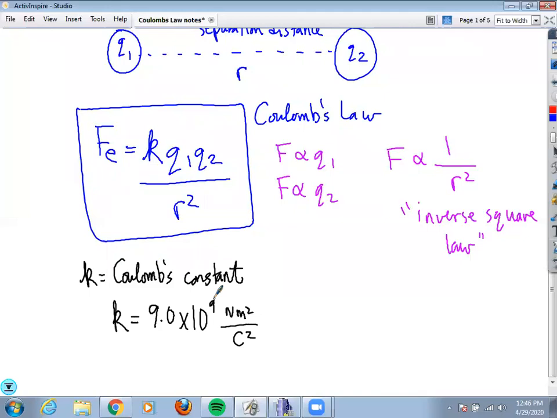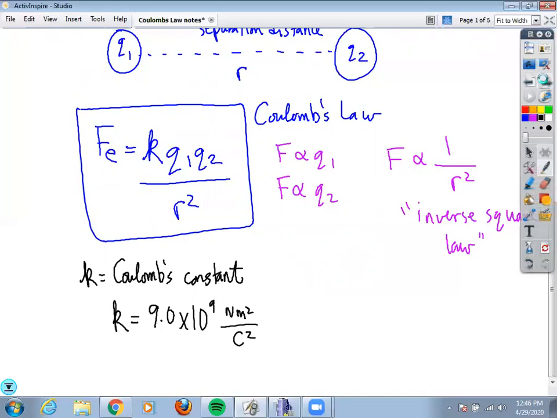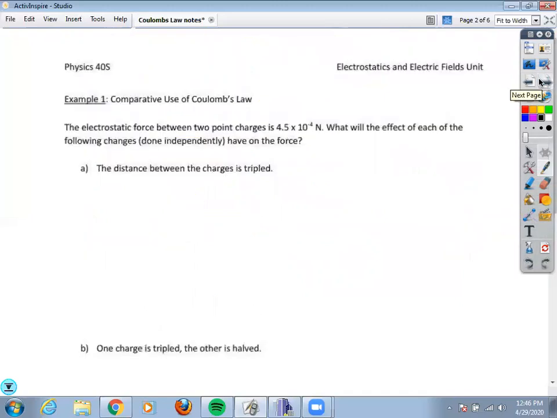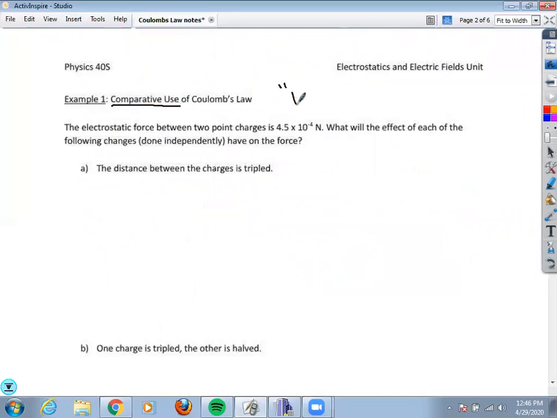All right. So moving on. We can look at the comparative use of Coulomb's law. This is simply proportionality.